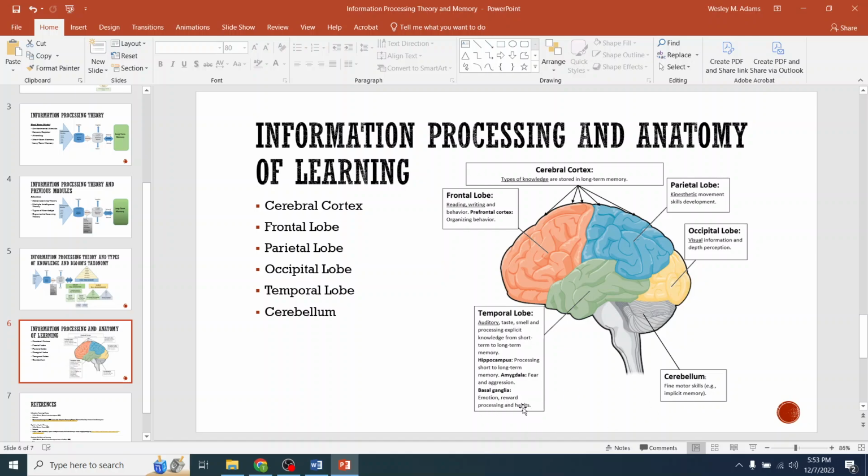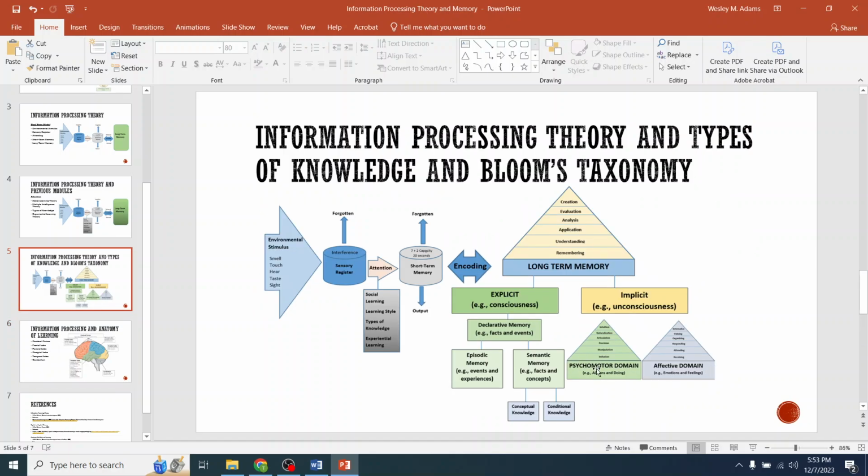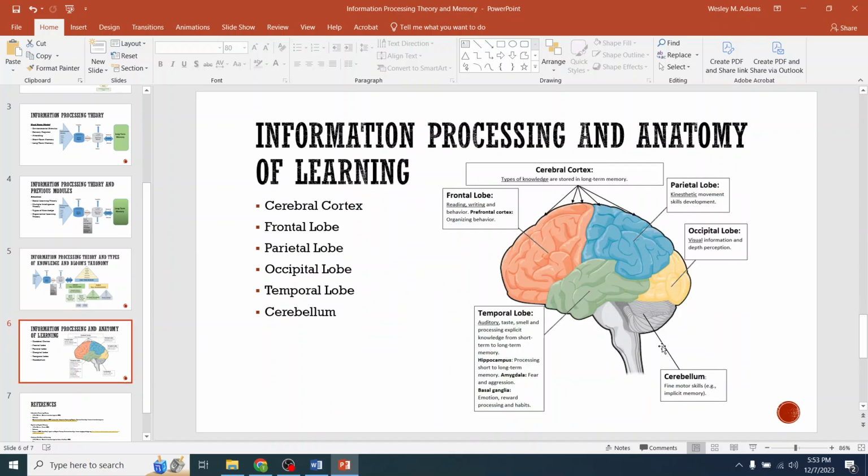And habits, conditioning, right? That's what we're talking about. Cerebral cortex, we're right here: psychomotor, skill-based, implicit, fine motor skills. Those activities we're doing, when they get into muscle memory, this part of the brain's taken over.